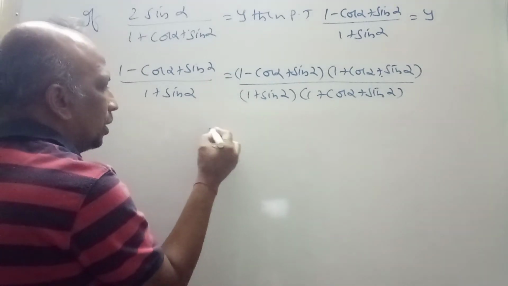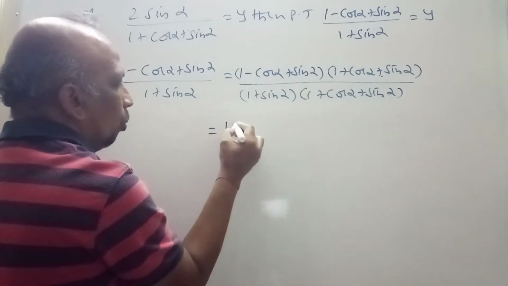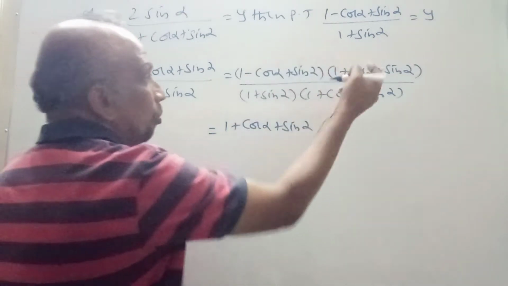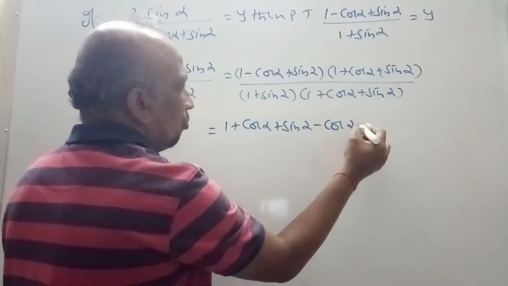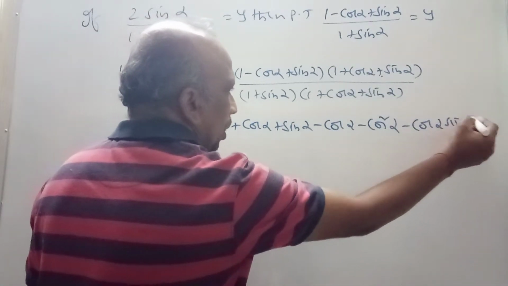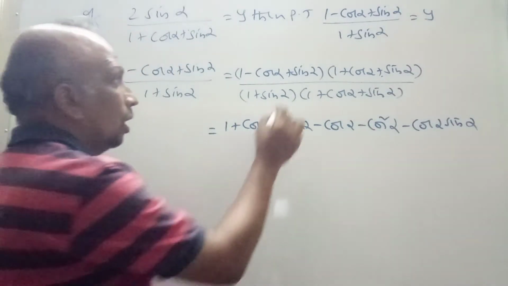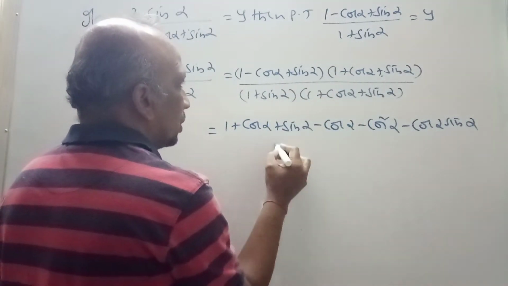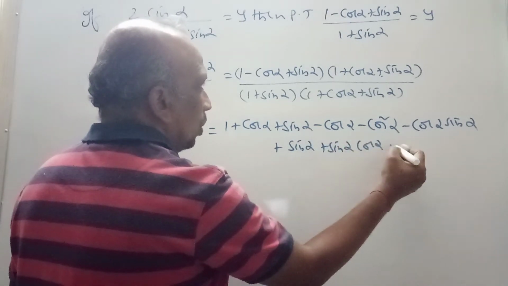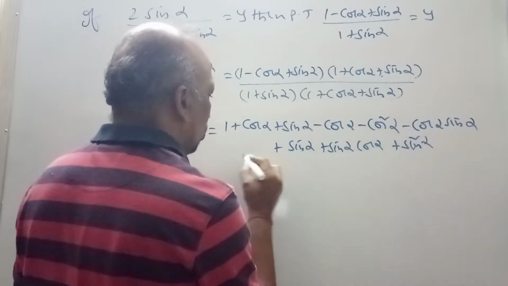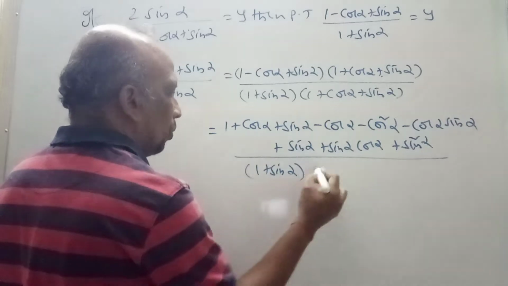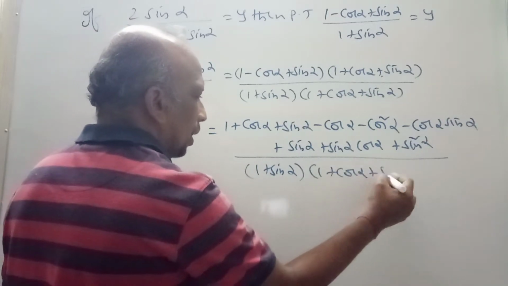Now I can write this, expand: you will get 1 plus cos alpha plus sin alpha, with minus you multiply: minus cos alpha minus cos square alpha minus cos alpha sin alpha, and multiplying with the sign, plus sin alpha plus sin alpha cos alpha plus sin square alpha, whole by 1 plus sin alpha into 1 plus cos alpha plus sin alpha.